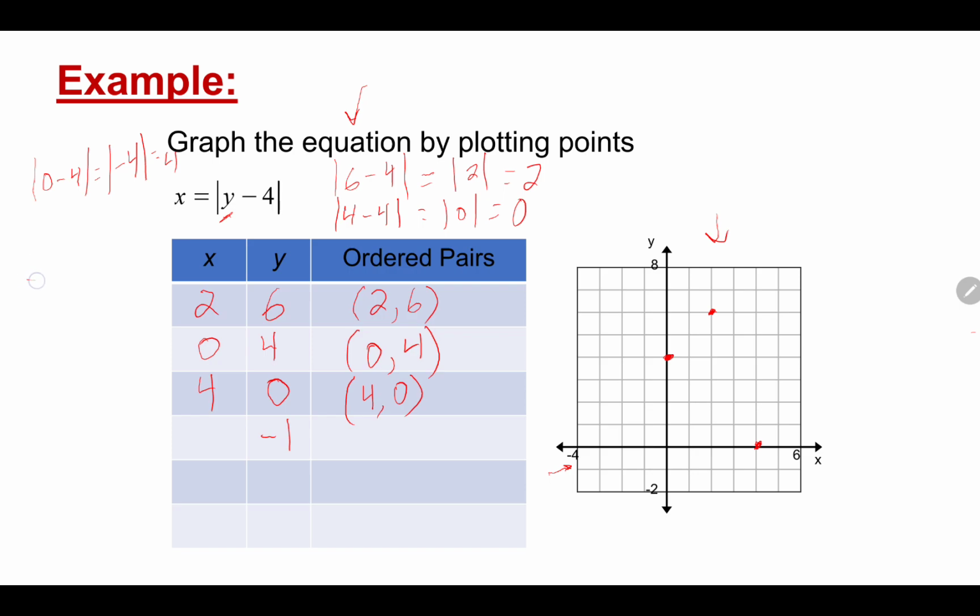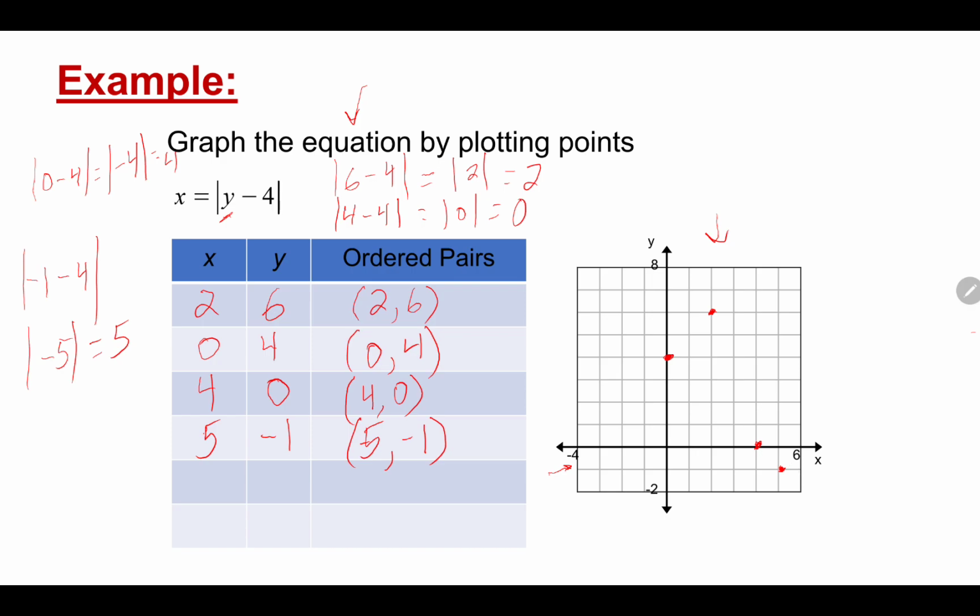So if I plug in negative 1 minus 4, well, negative 1 minus 4 is going to be negative 5, which is going to equal the absolute value of negative 5, which is going to just equal 5. So at 5, I'm at negative 1. So we go to 5, and we go down to 1. Okay. It kind of looks like they kind of go together.